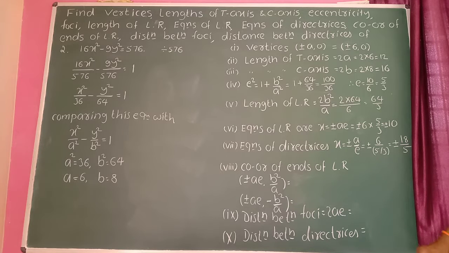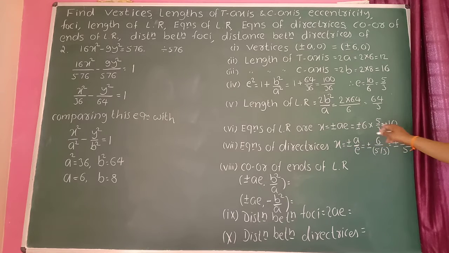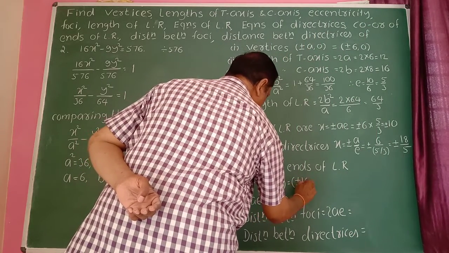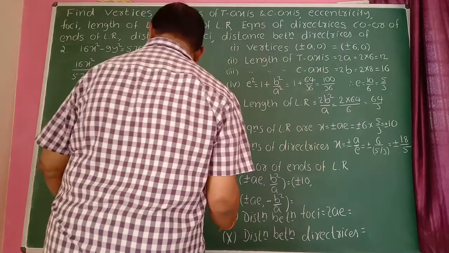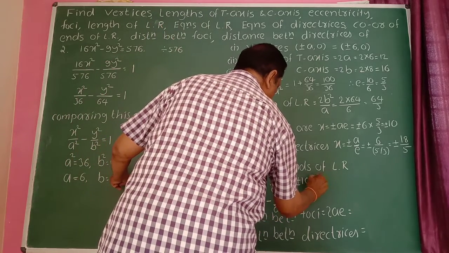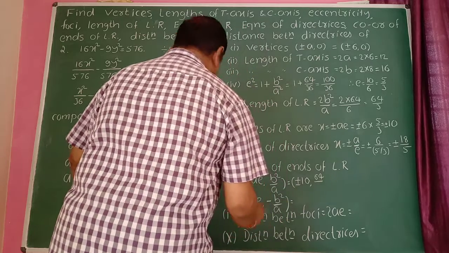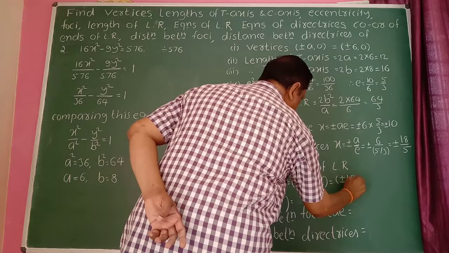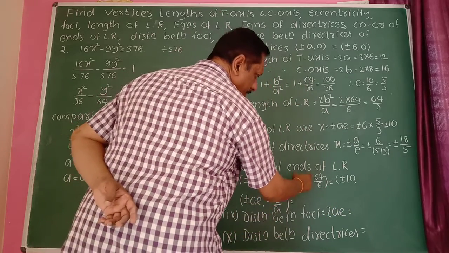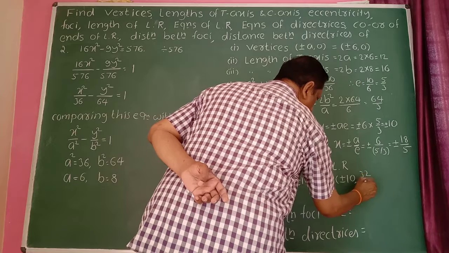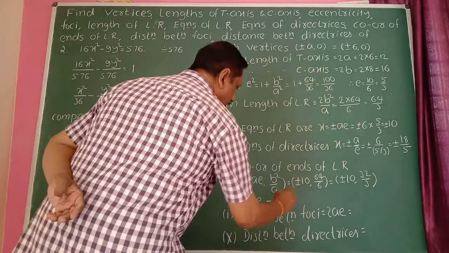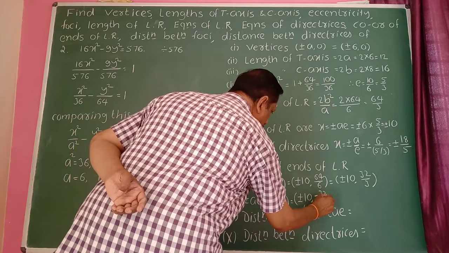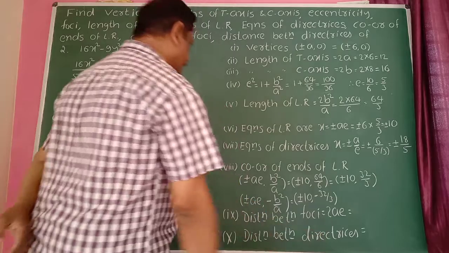Coordinates of the ends of the latus rectum: here a × e is 10, so plus or minus 10, comma, b²/a, which is 64 divided by 6, which simplifies to 32/3. So (±10, ±32/3).